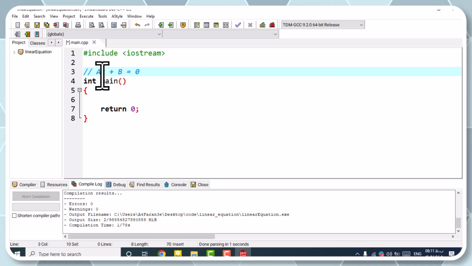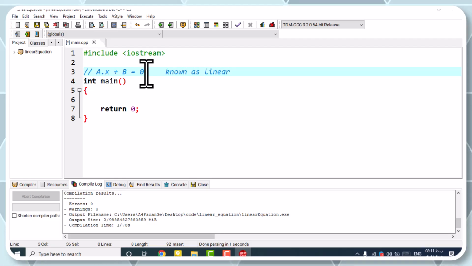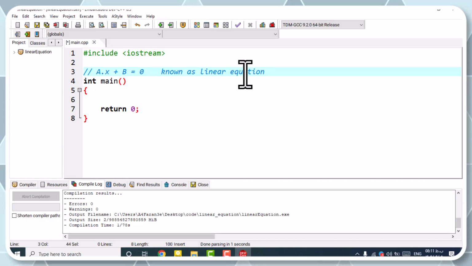And a and b are the coefficients that we define. So a times x plus b is equal to 0 is known as a linear expression or linear equation that we want to automate and solve, an automation to solving in this area.